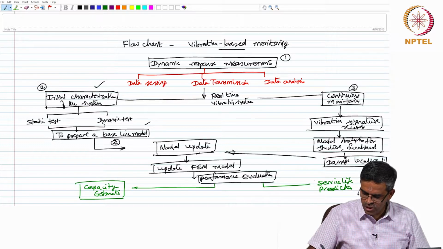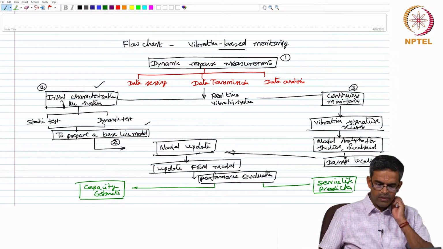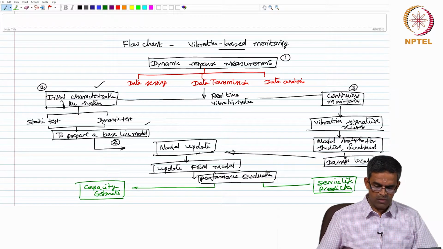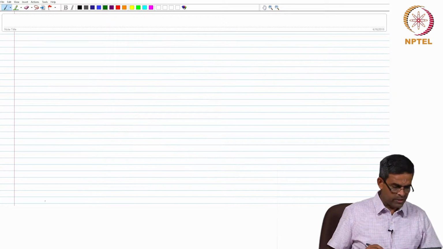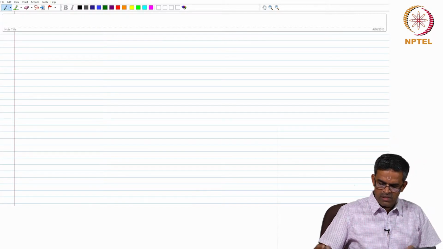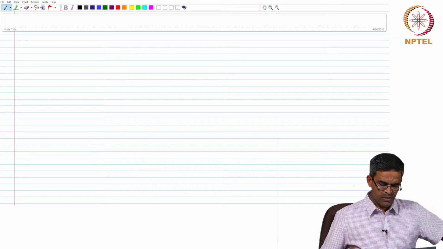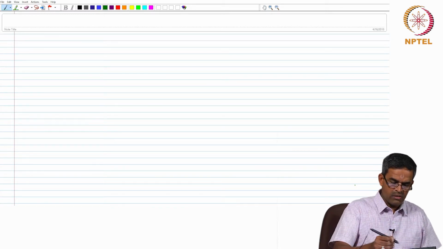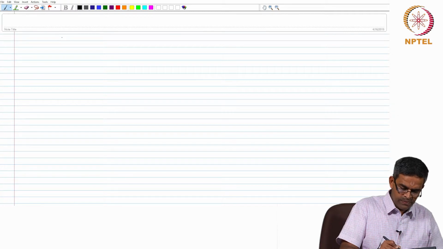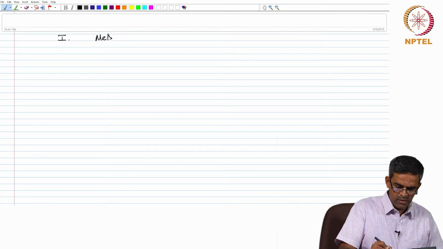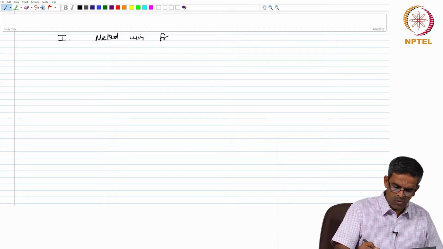Friends, this shows a clear flow chart which is generally practiced for vibration based monitoring. Now, let us see different methods which are used for structural health monitoring for estimating the baseline model and initial characterization. The first one is method using frequencies and mode shapes.